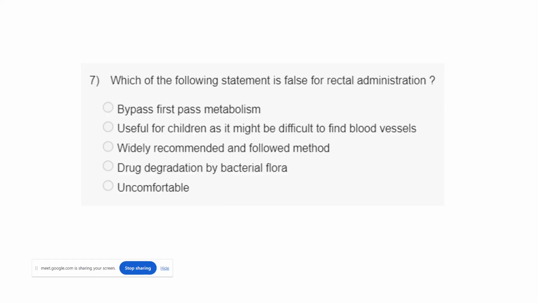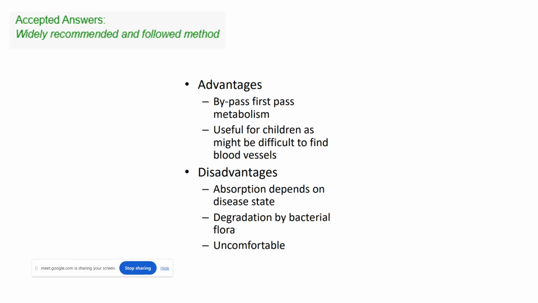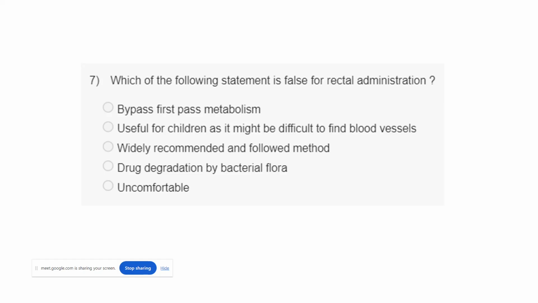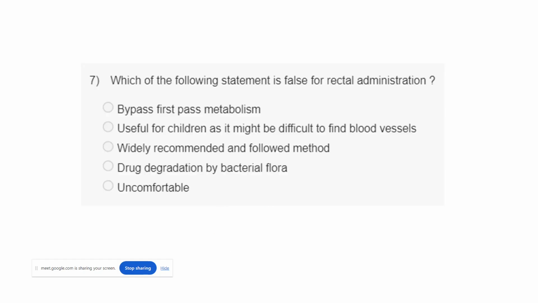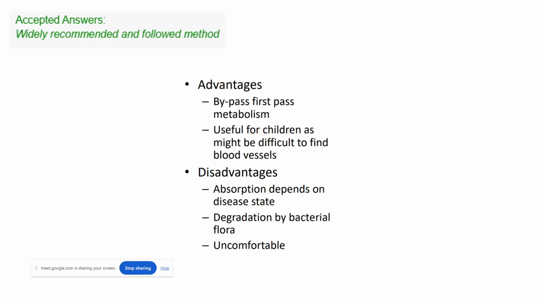You have to select a false statement here, so this is not true for rectal administration. All the other options are correct. That is, it bypasses first pass metabolism, it is useful for children, there is drug degradation by bacterial flora, and it is uncomfortable. All the other statements are basically true for rectal administration except for the third.